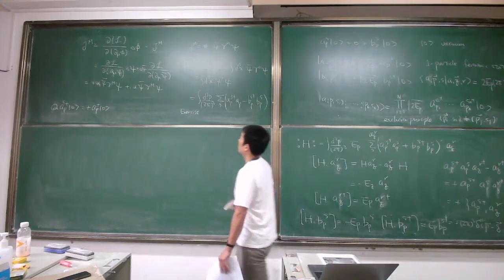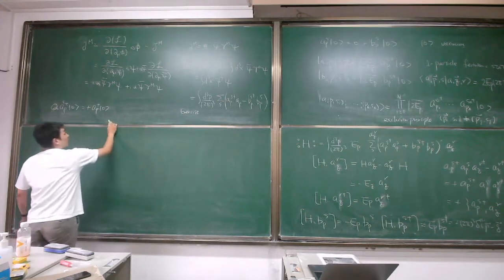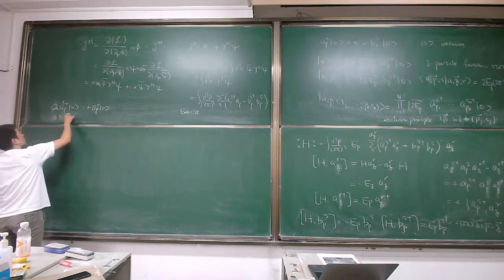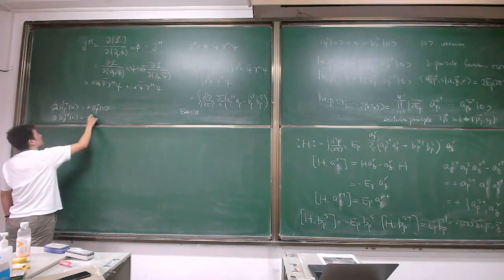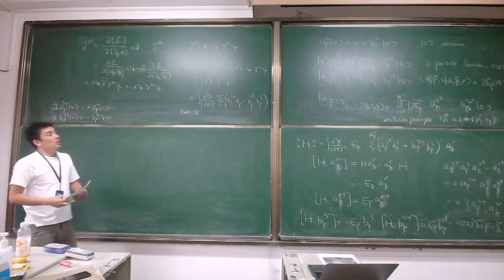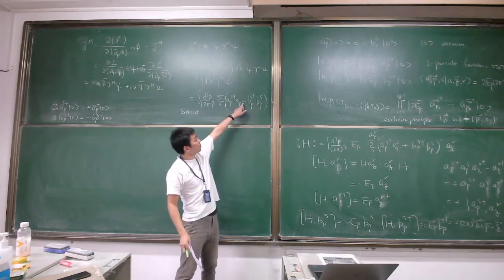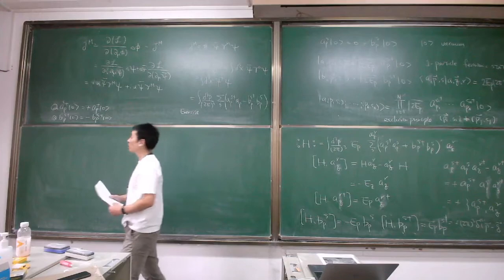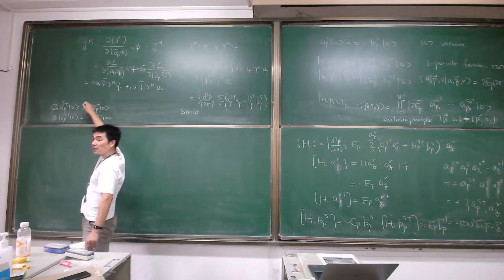You can easily see that. On the other hand, Q acts on b_p^s dagger |0> is minus b_p^s dagger |0>. So there's a sign difference coming from here, and therefore the plus-minus sign difference is shown up here.